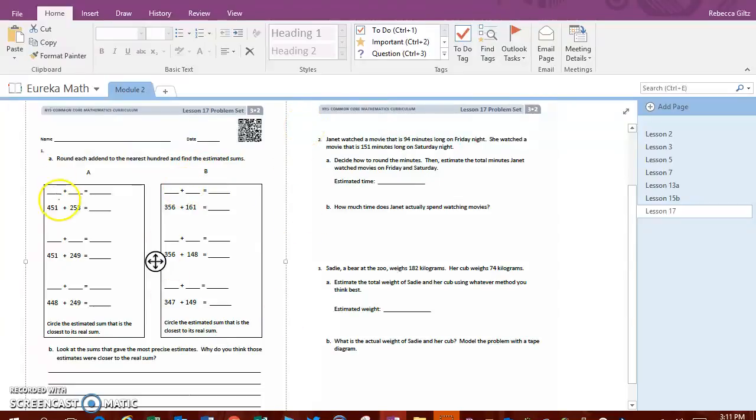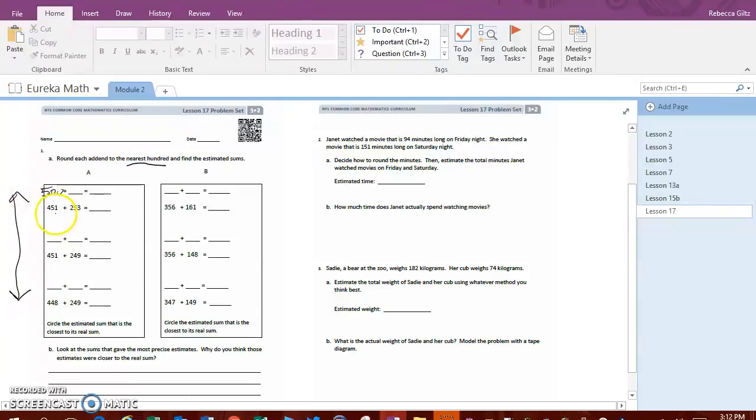Okay, and so what they want us to do is take 451 plus 253 and find the estimated sum. So to do that, we're going to use what we learned in rounding and round to the nearest hundred because that's what the directions tell us. Okay, so if I look at 451, that rounds to 500. If you need to, you can draw a number line off to the side.